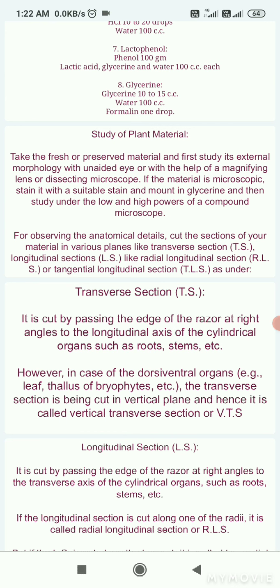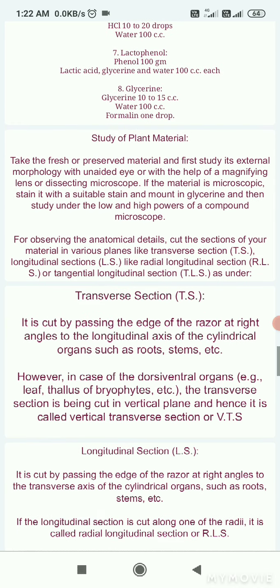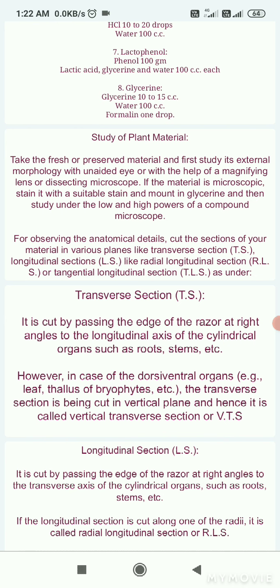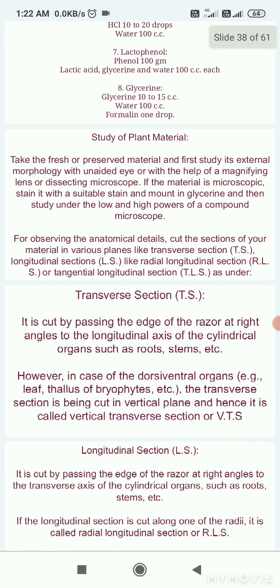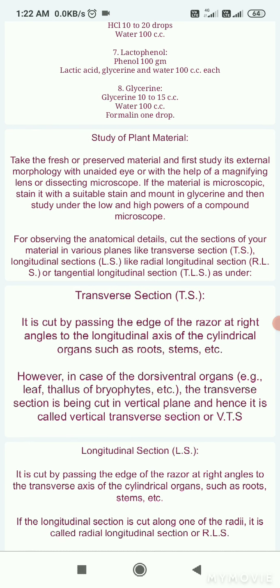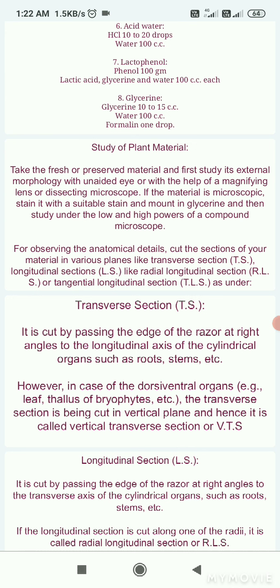like transverse section, which is a horizontal section; longitudinal section, means a long, elongated vertical section; and likewise radial longitudinal section, and tangential longitudinal section, which is a longitudinal section taken from the center towards the periphery.